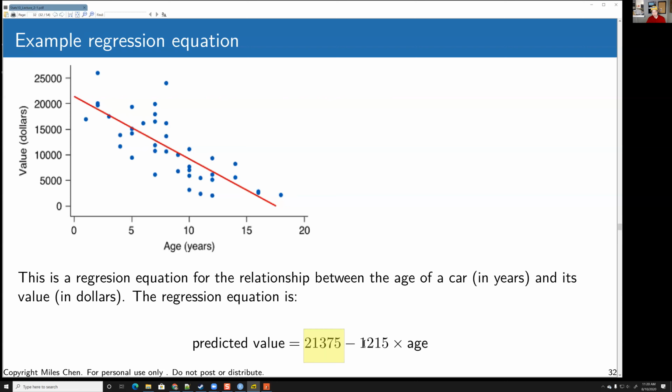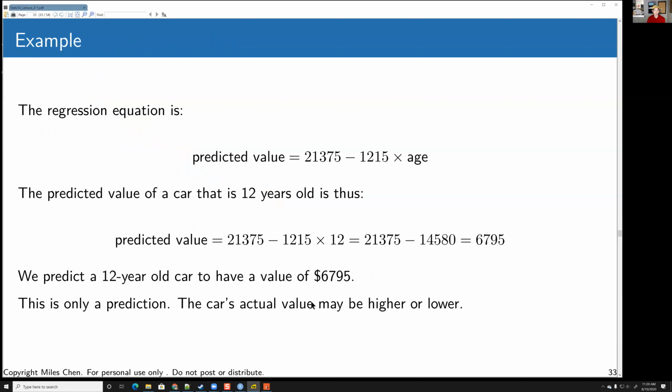This is our intercept, and here's our slope. In our case, the x variable is the age of the car measured in years, and the predicted value, I'm assuming, is US dollars. So the predicted value is 21,375 minus 1215 times age. If we were to predict the value of a car that's 12 years old, we would plug in 12 for the age, okay?